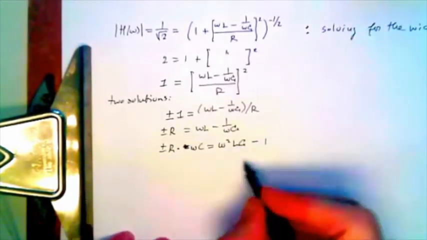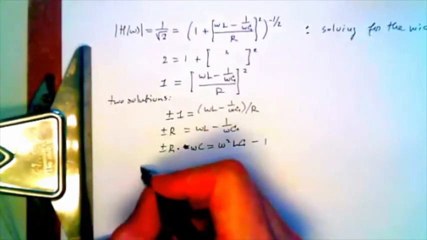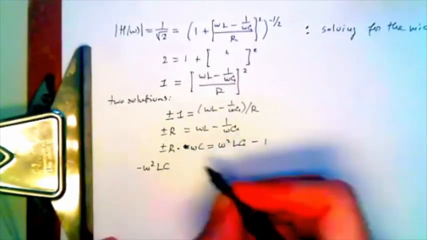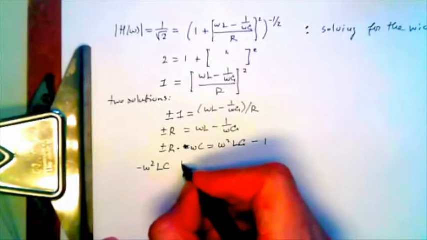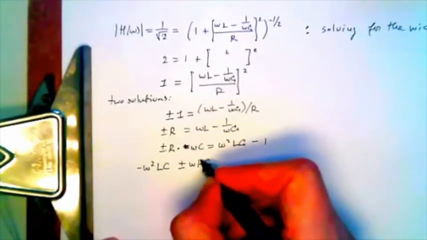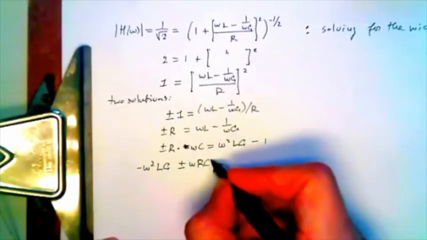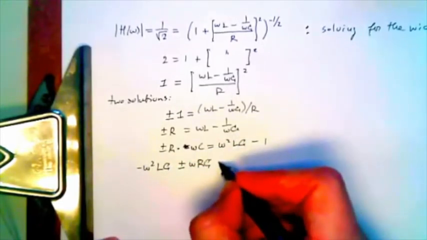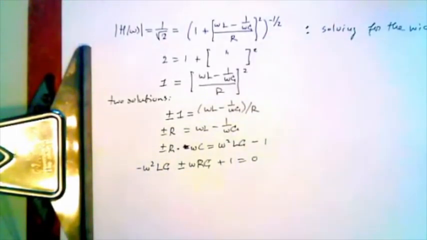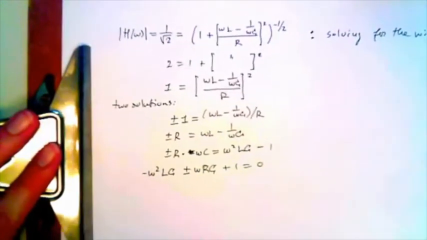Now we have a quadratic equation. So let me rewrite it. Minus omega squared LC, plus or minus omega RC, plus 1 equals 0. That's a quadratic equation that hopefully you recognize.